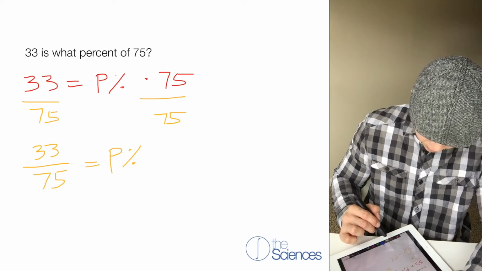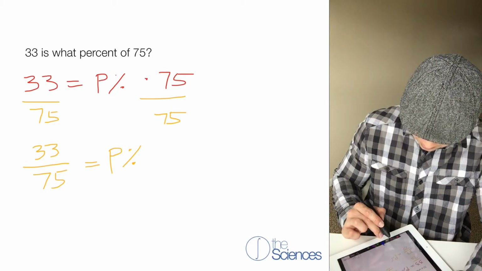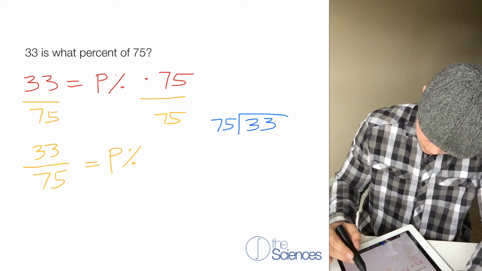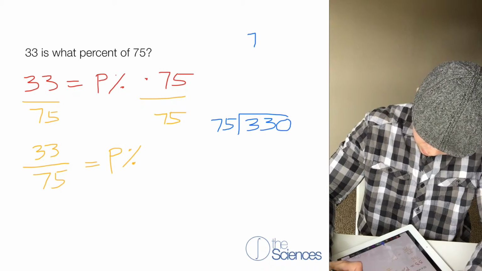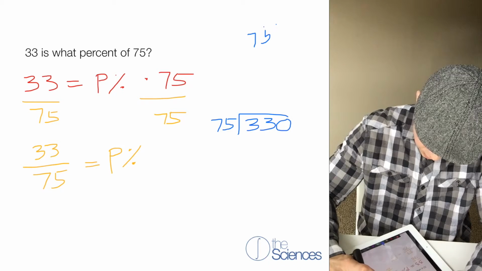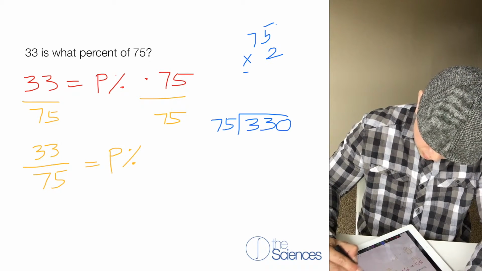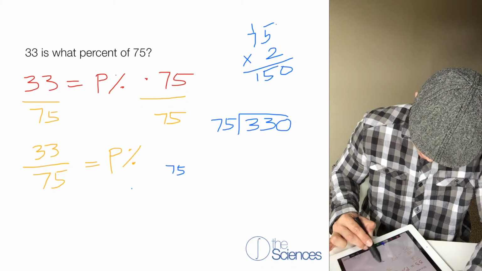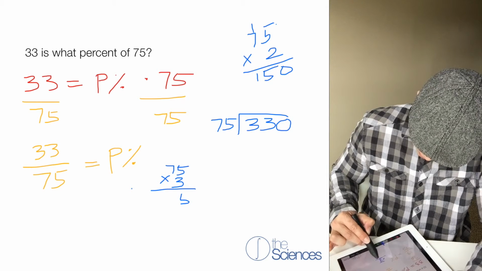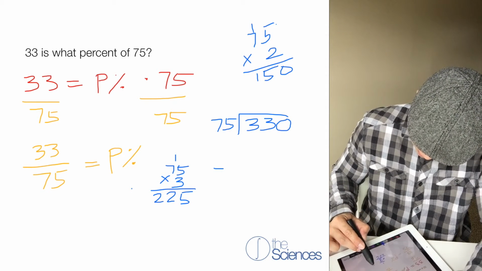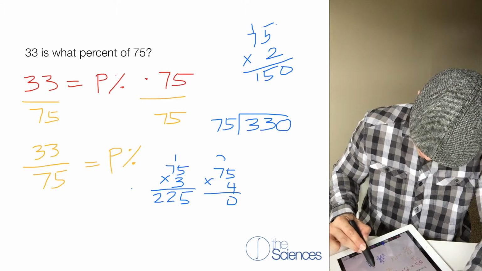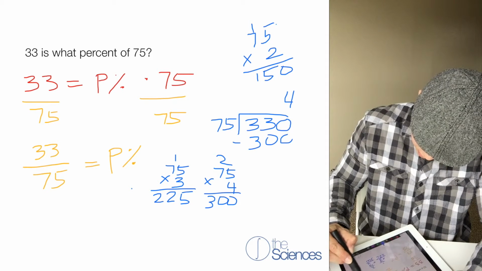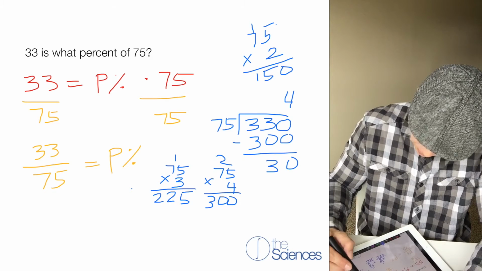Well, 33 divided by 75 is, you can do that. 75 times 2, we get 150. 75 times 3 is 225. 75 times 4 is 300. 330 divided by 75, it's another 4.